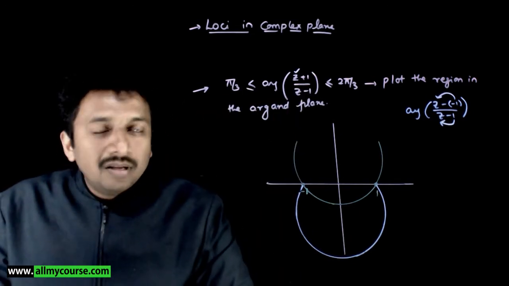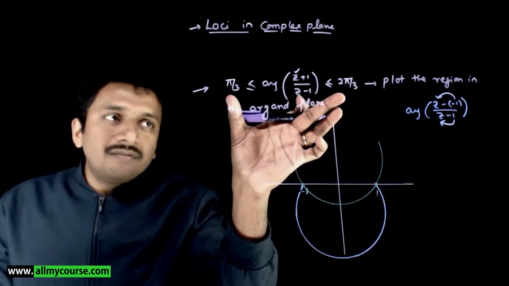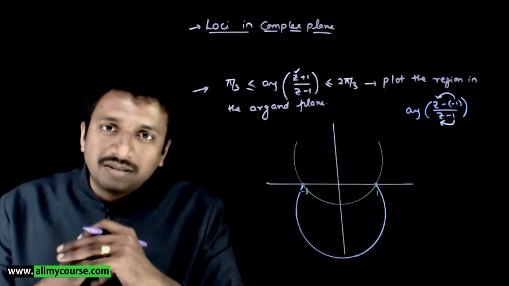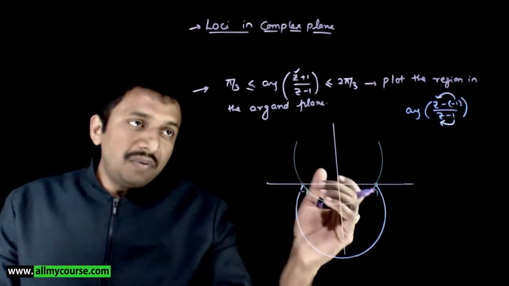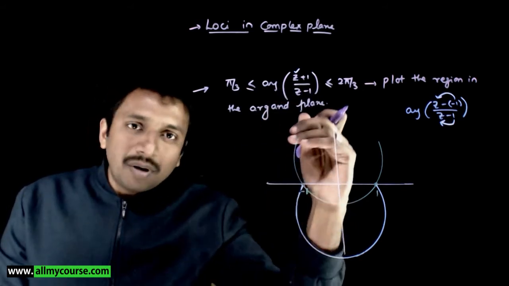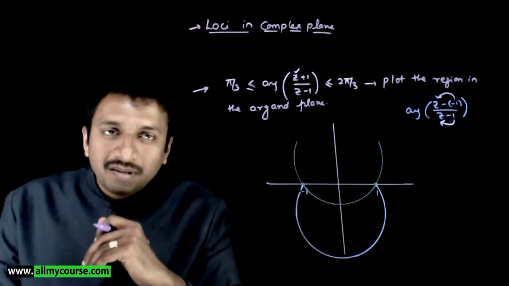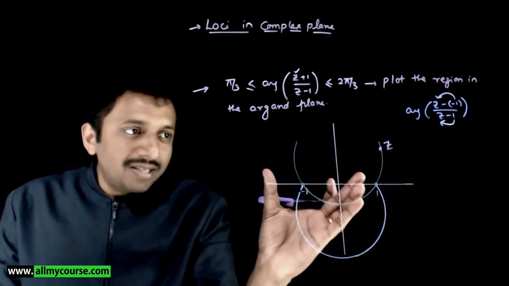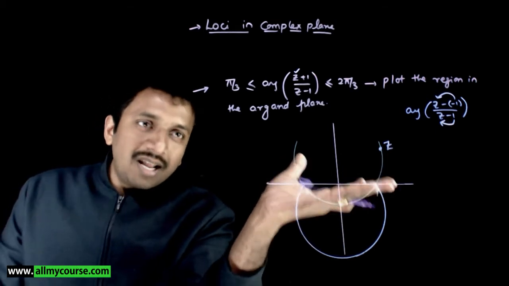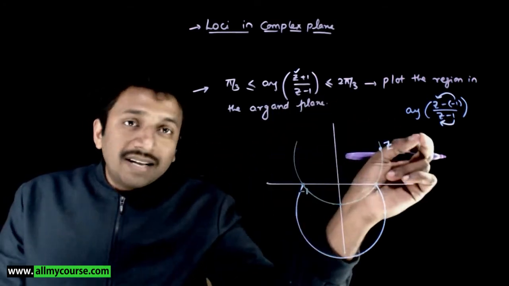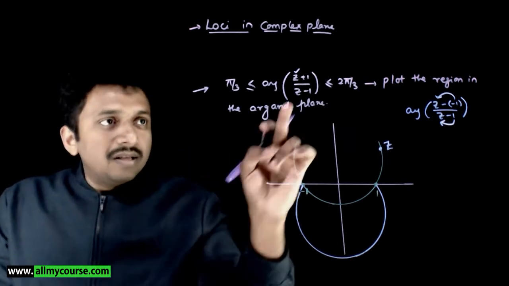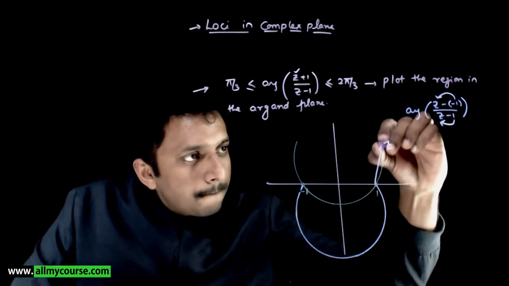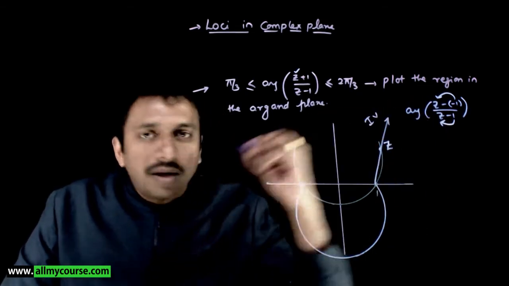So we have seen that if the angles are somewhere in between other than pi by 2 and minus pi by 2, you get sectors of circles. Now let us see whether this z lies above this plane or below this plane. If you take a point Z on the region above the x-axis, let us see whether these conditions are valid or not. The vector joining 1 to Z will be the initial vector, right?